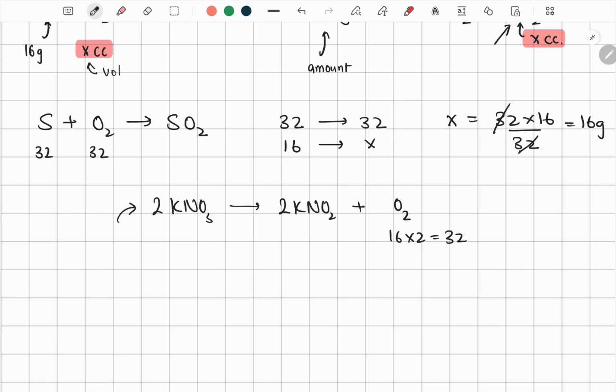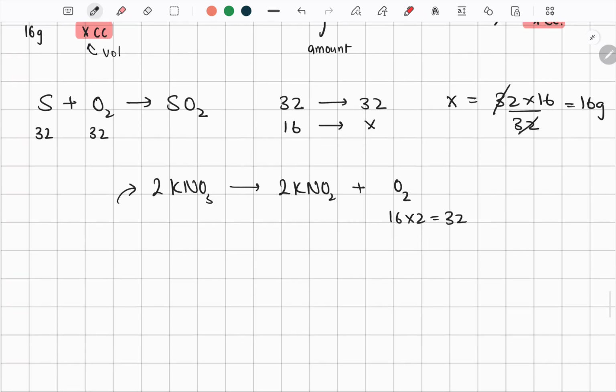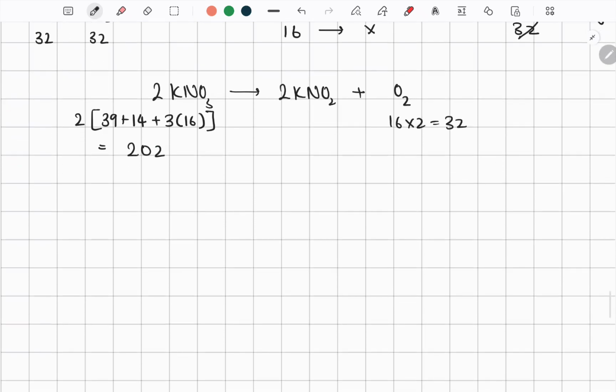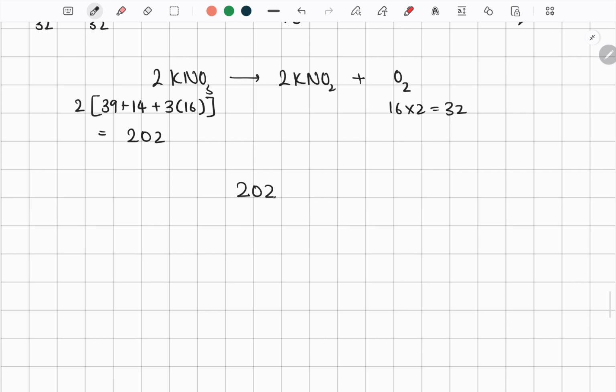Let's calculate the molecular weight of KNO3 as well. It's twice of potassium, which is 39, nitrogen 14, and 3 times oxygen 16. Multiply it with 2, and you get 202 gram. So 202 gram of KNO3 gives us 32 gram of oxygen.